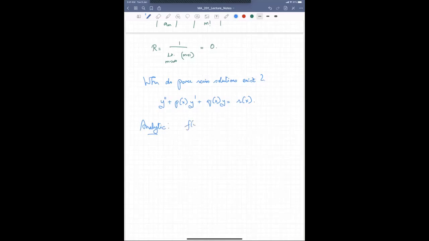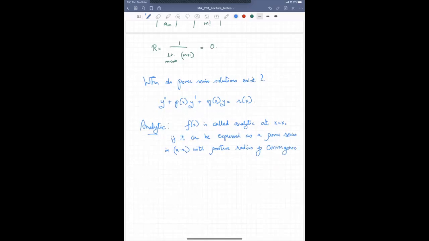A function f of x is called analytic at x equals x0 if it can be expressed as a power series in x minus x0 with positive radius of convergence. This is all I mean by an analytic function.